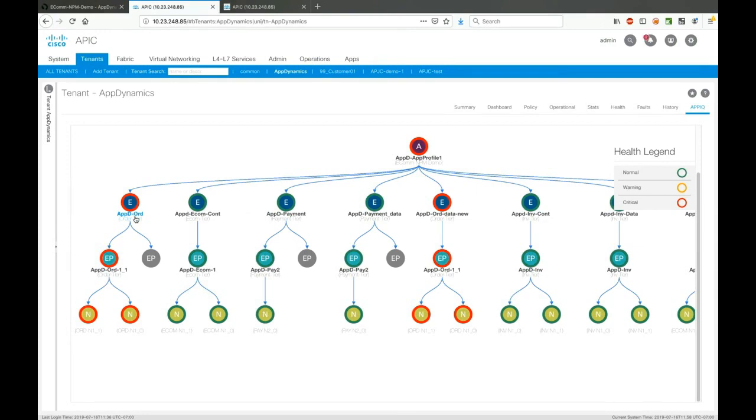If it is, what are the violations that are happening? And you can go back to the audit log and check if this was the change that I made which was causing the application performance issue. So you as a network operator are becoming more proactive. You have better visibility into your application workloads.